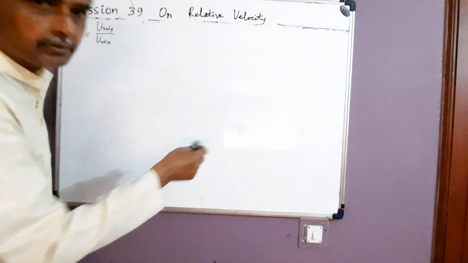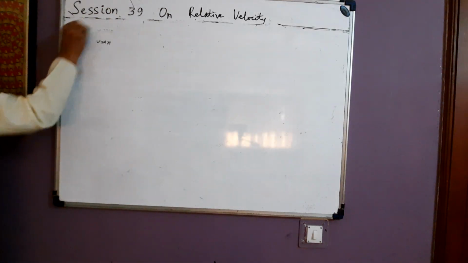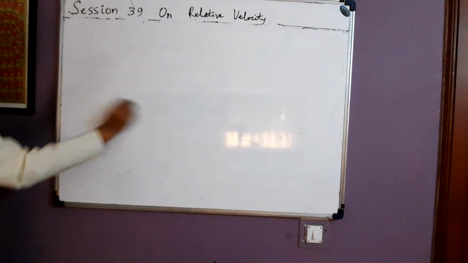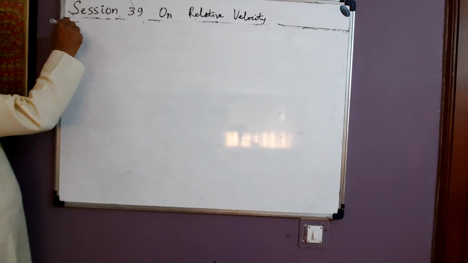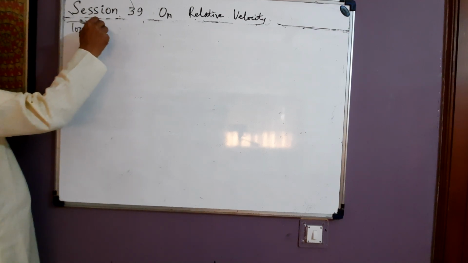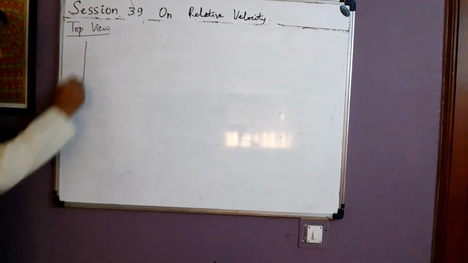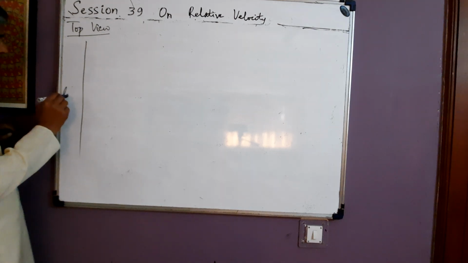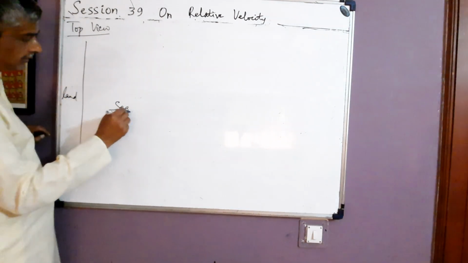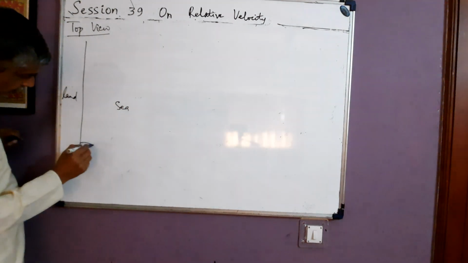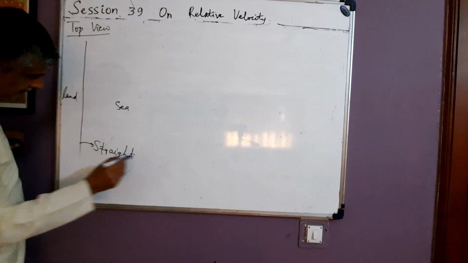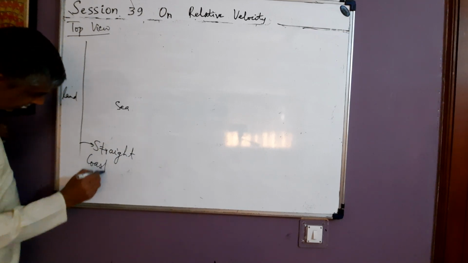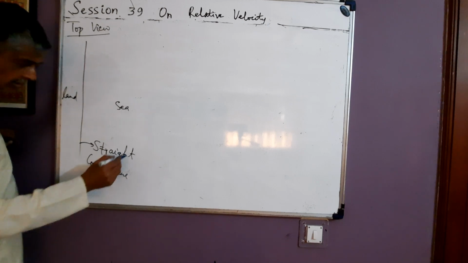Just draw the diagram, then explain it. So see, I draw the diagram. Okay. Top view. This is a straight coastline. This is land, and here it is sea.